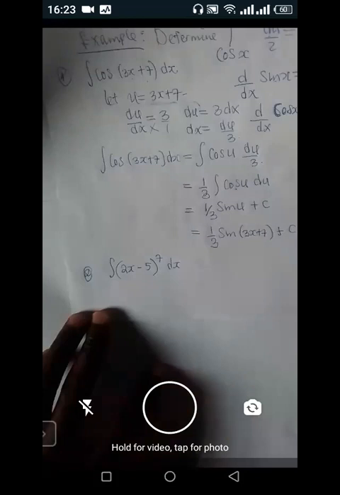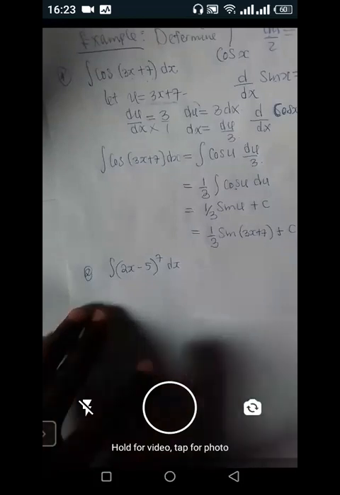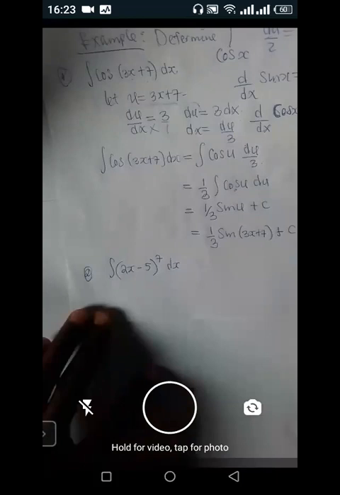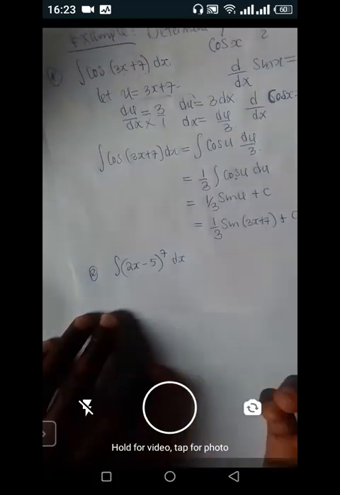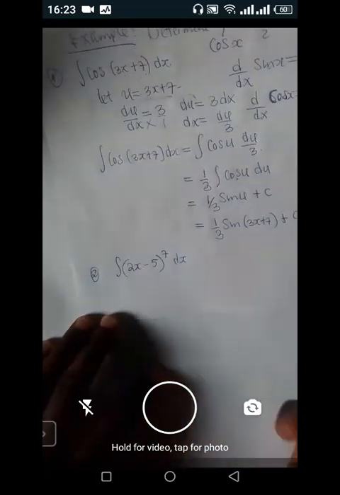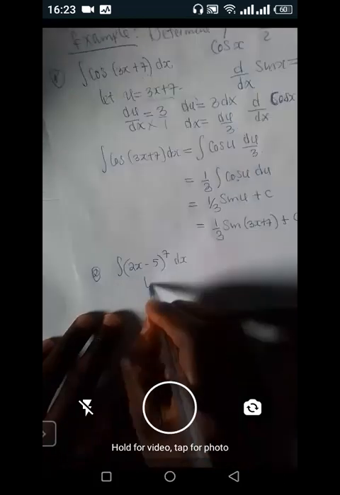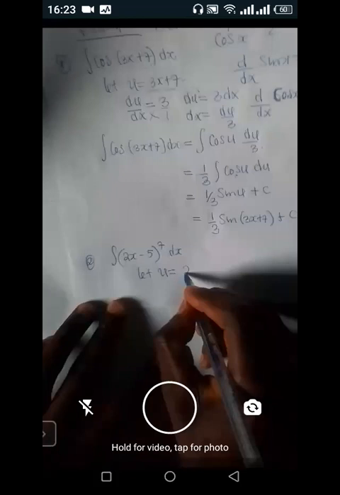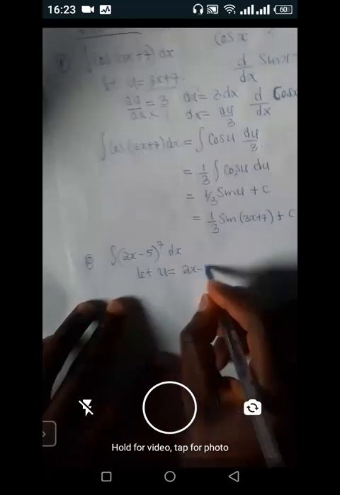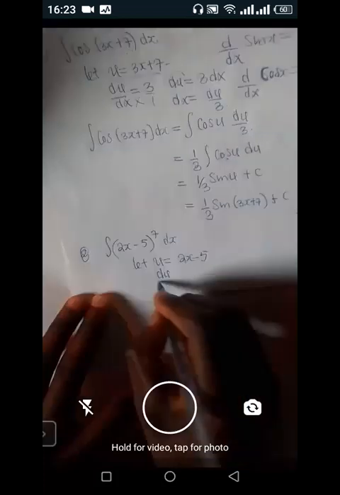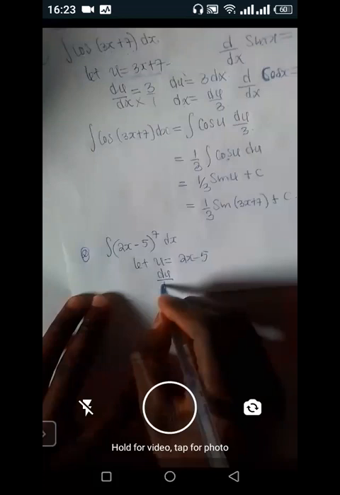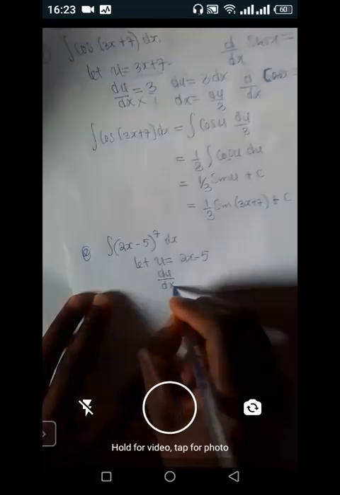So we can just use an appropriate substitution here, where in this case you let u equal to 2x minus 5. Then you find your du dx being equal to 2. Then this will mean dx is equal to du over 2.